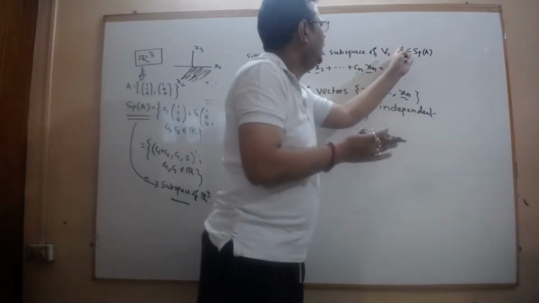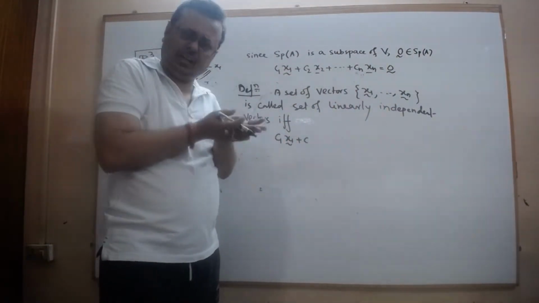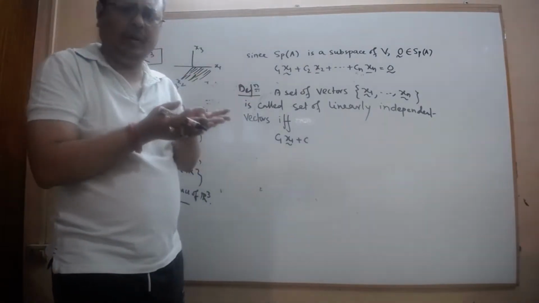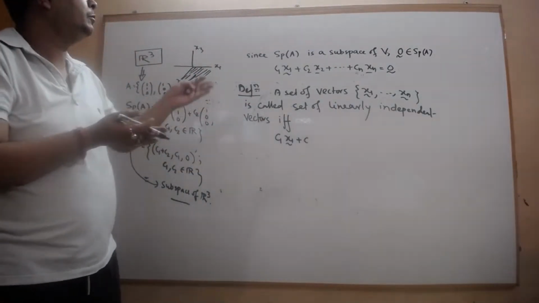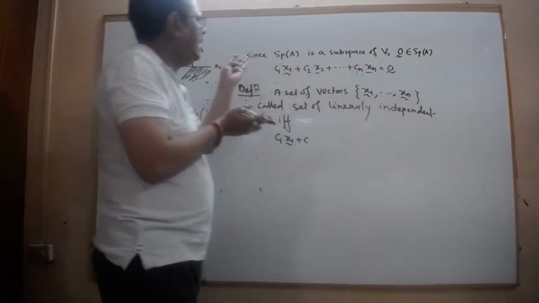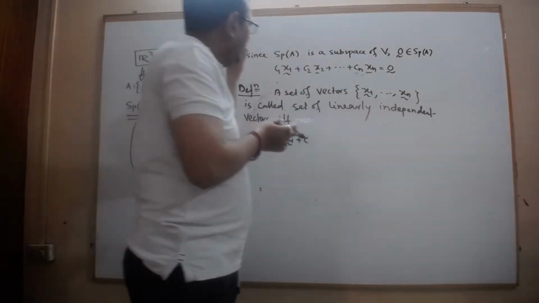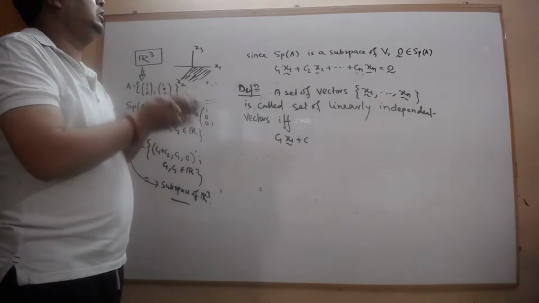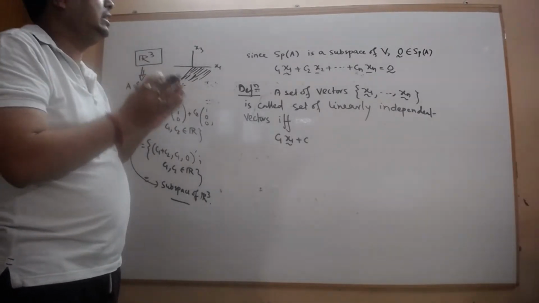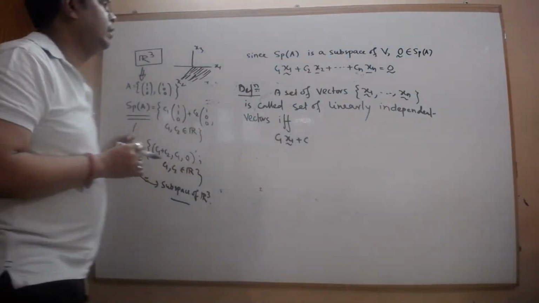Because the zero vector belongs to span A, since span A is a vector subspace, and we know a vector space contains the null element. And since span A is a linear span, we can write C1 x1 plus C2 x2 plus ... plus Cn xn equals the zero vector.